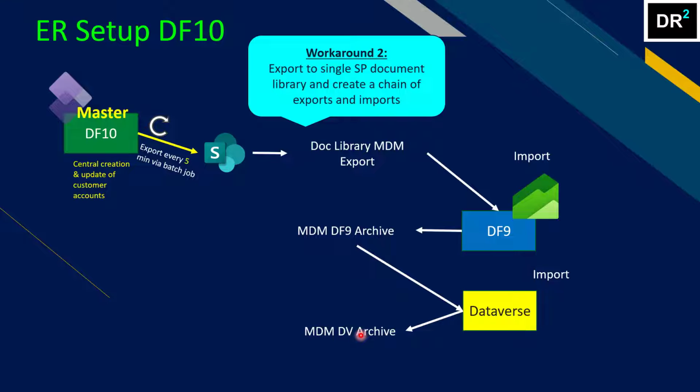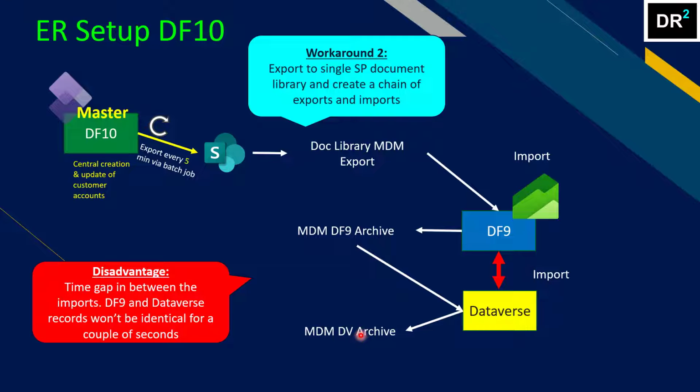This works fine, but it has a disadvantage, and the disadvantage is that there's a time gap. So there's a time gap from the creation of the master record until it arrives here. And then once the record is here until it arrives in Dataverse, there's another time gap.